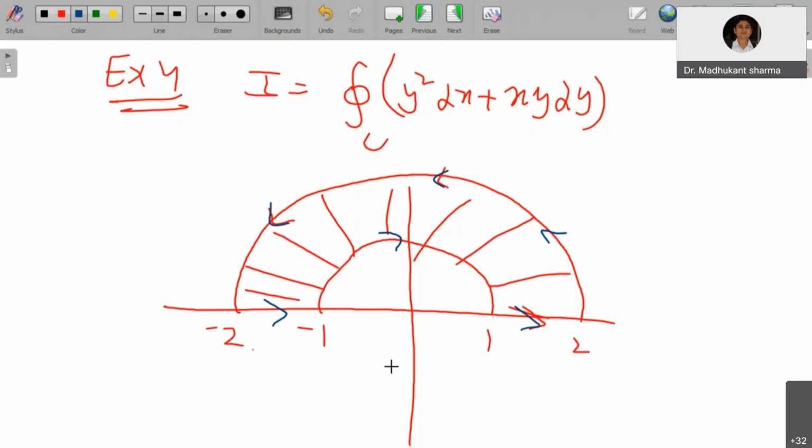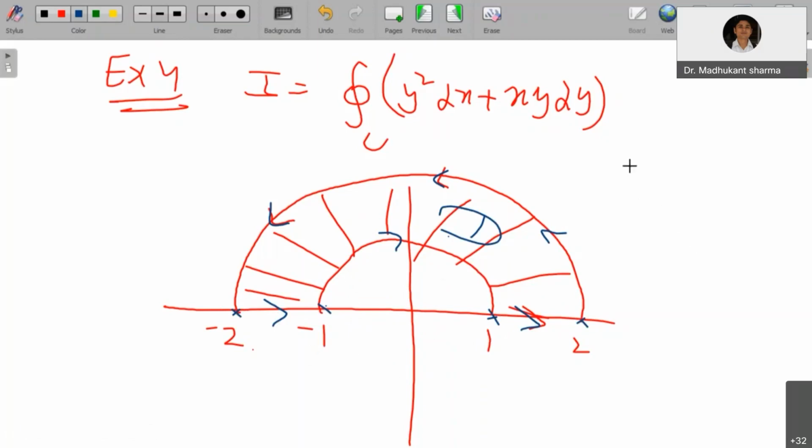This is the curve, and this is the region D. Since this is a simple closed curve, piecewise smooth, and positively oriented, it verifies the assumptions of Green's theorem.